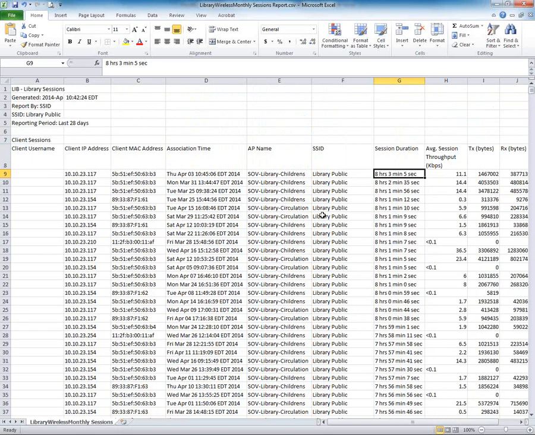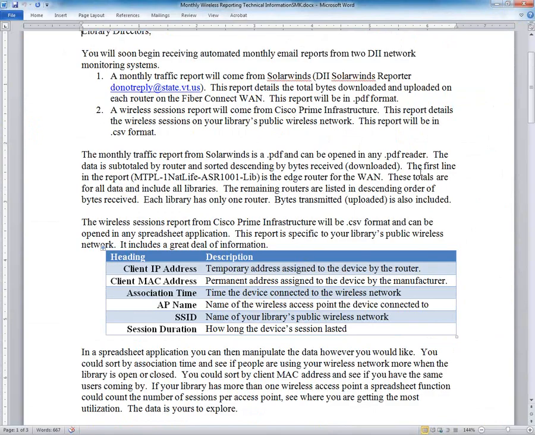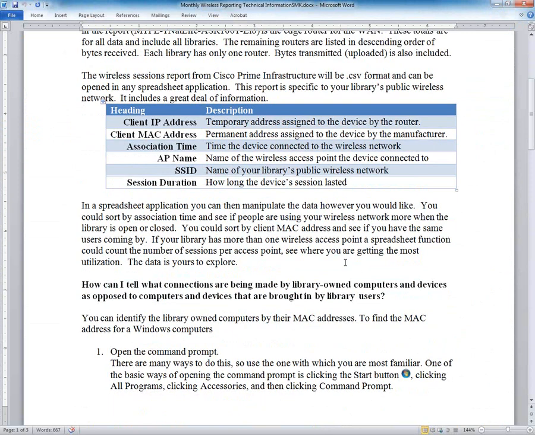So what I had suggested you might do to try and sort out some of this, and this is in the Word document, is that you can sort by MAC address to see if they're, first of all, the same MAC address. And I can play at doing that here.